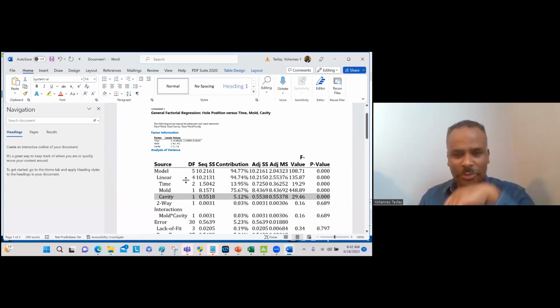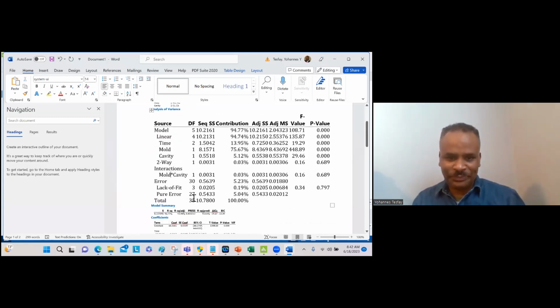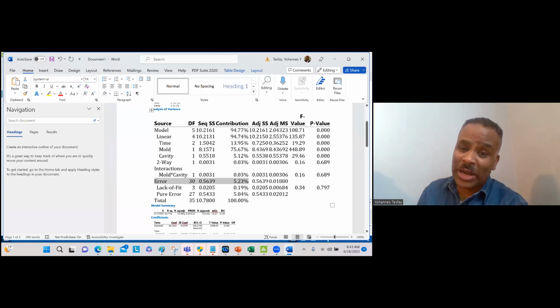For example, cavity versus mold, I have no interaction. I don't have three-way either. Okay? No way. Lack of it, just like that. Now, what is very important here is the error. Error, you see? Only 5% error. The rest is explained by the model.